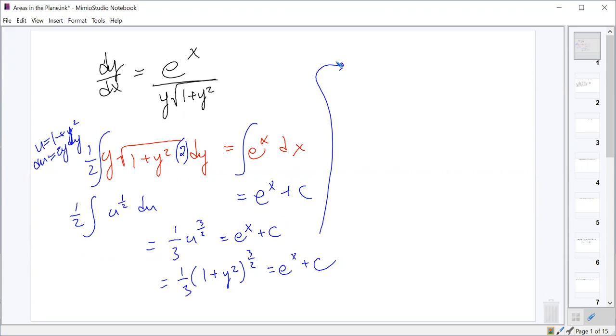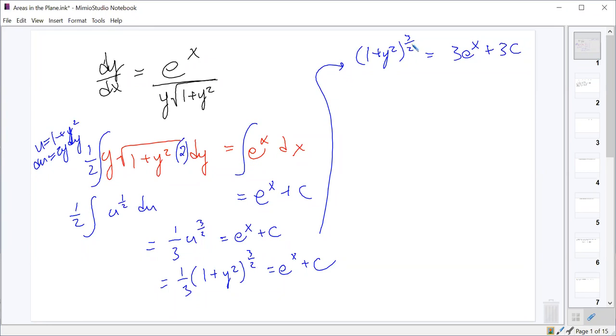So the first thing is we're going to have to multiply everything by 3. So we're going to get 1 plus y squared to the 3/2 equals 3e to the x plus 3 times that constant that we had.